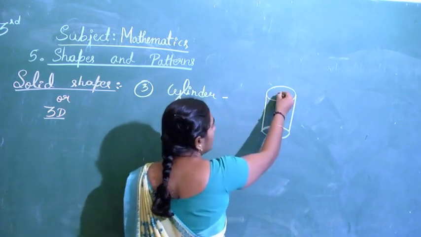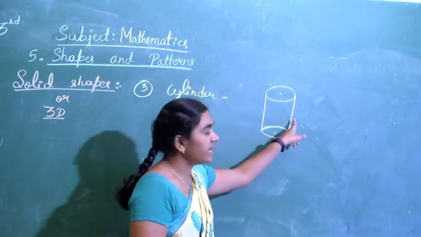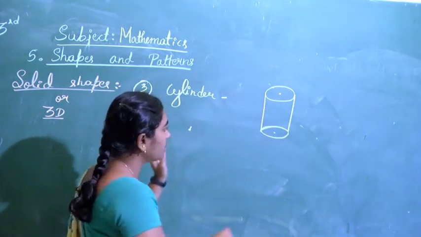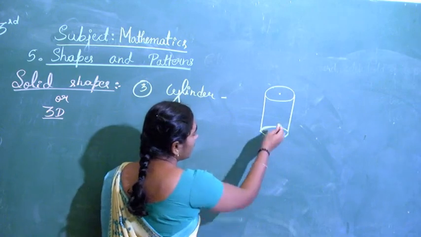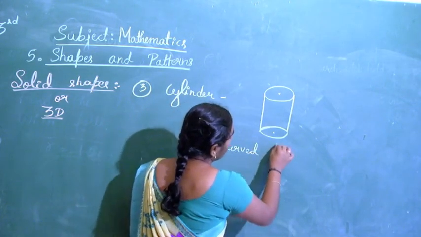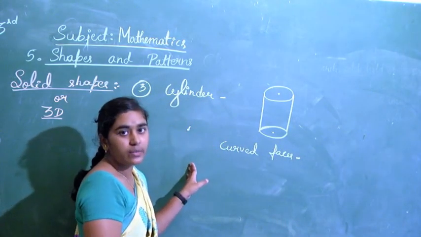So top one circle you get, down one circle you get, and the side is covered by one sheet or a curved face, you can say. How many curved faces do we get?